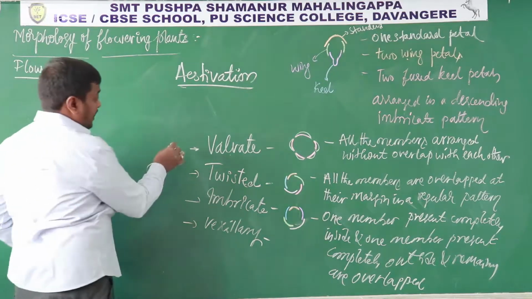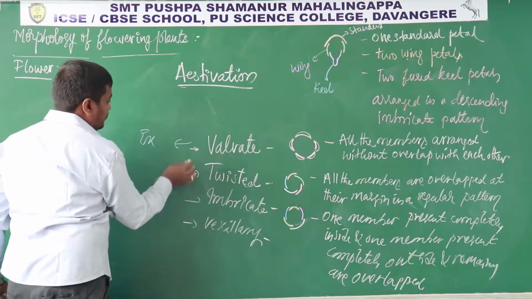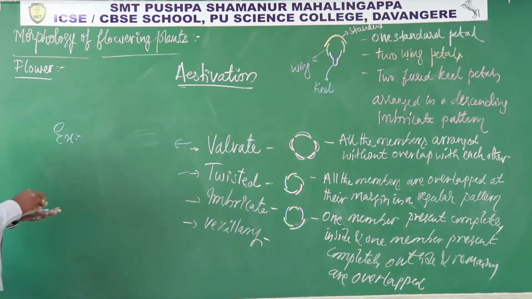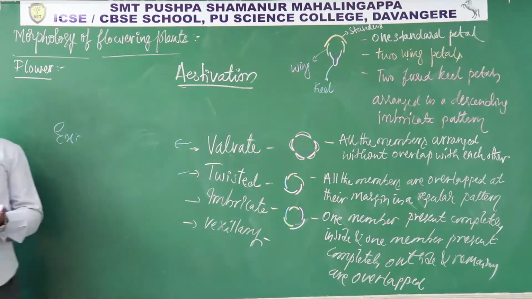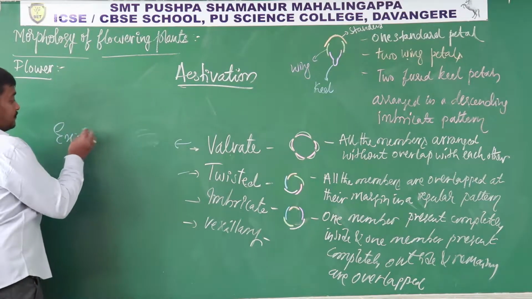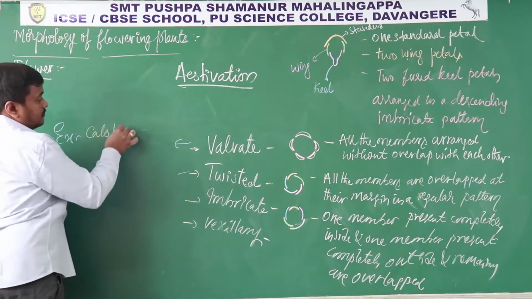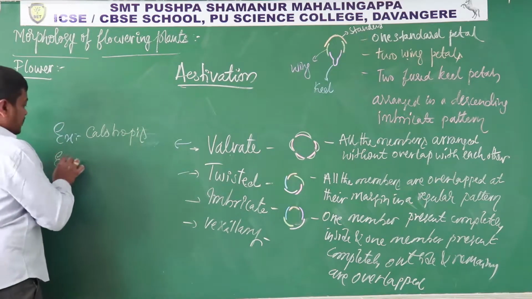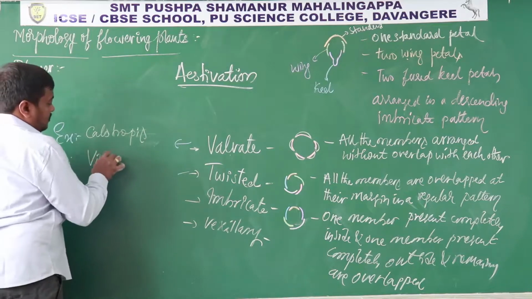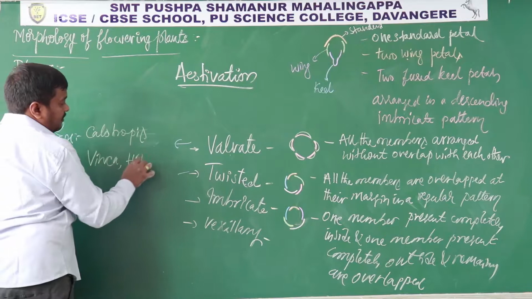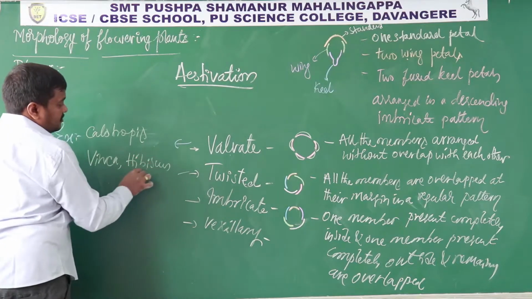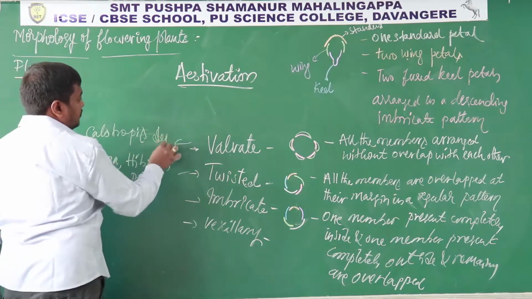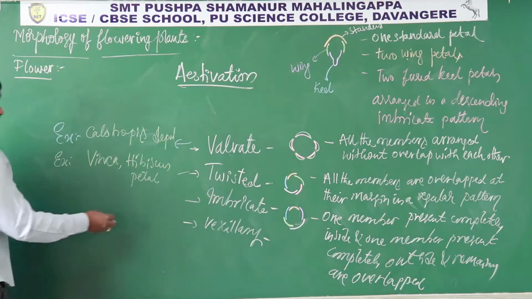Okay, then come to the examples. Let me give some examples. Valvate estivation can be seen in Calotropis, the sepals of the Calotropis plant. Twisted can be seen in Vinca or Hibiscus petals.